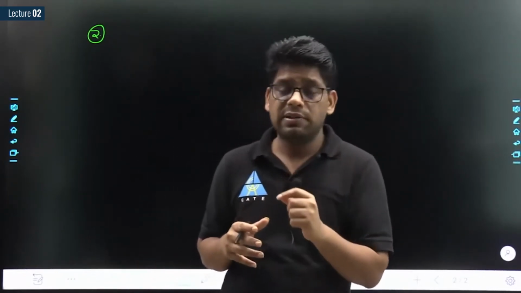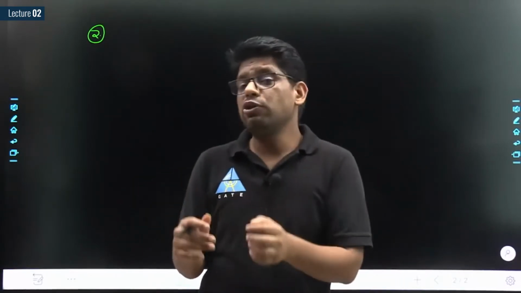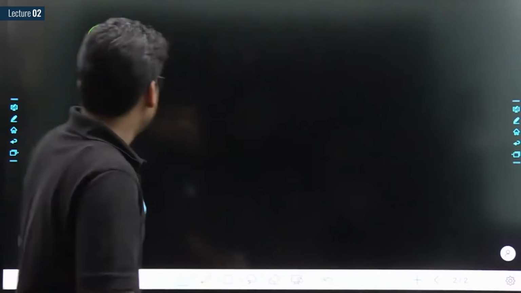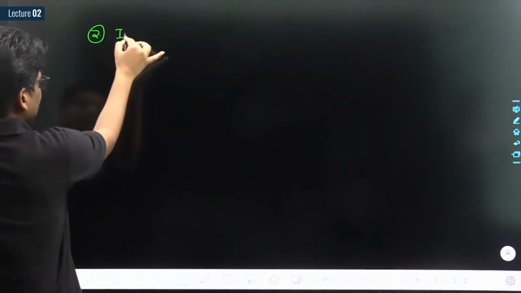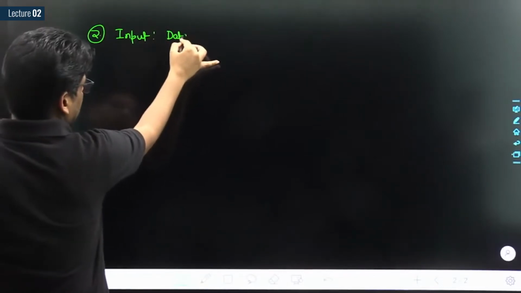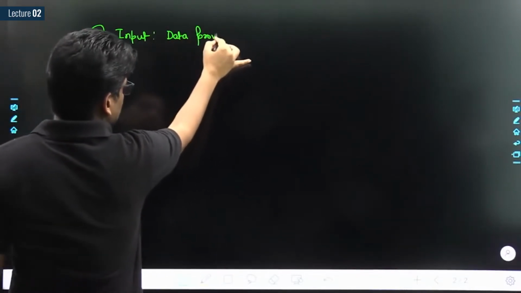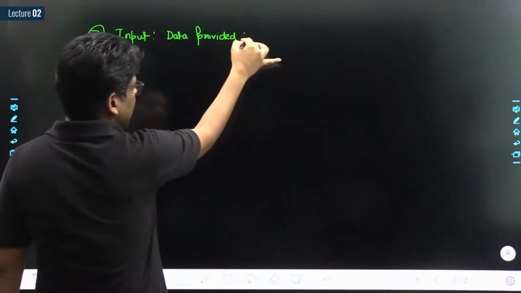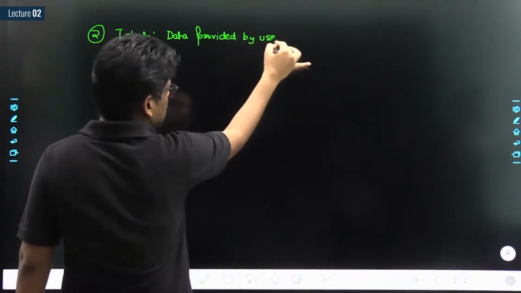That is important. What does the user provide to a program? Input, basically the data that the program needs to work upon. So point number 2 is that there must be something called input. What is input? Data provided by the user.